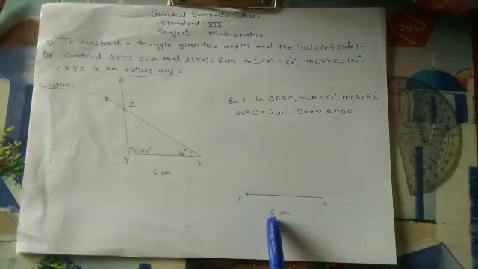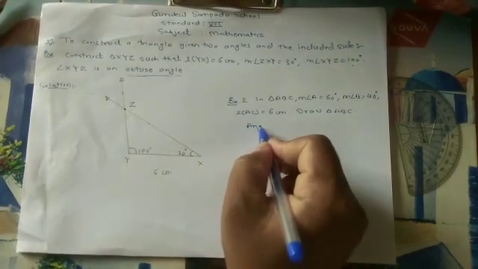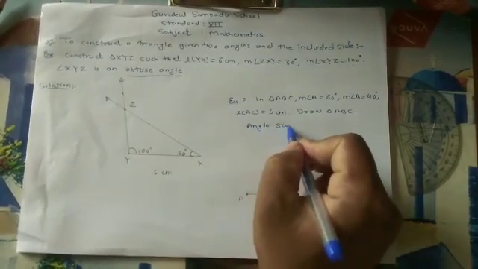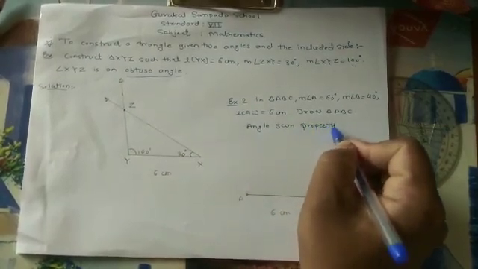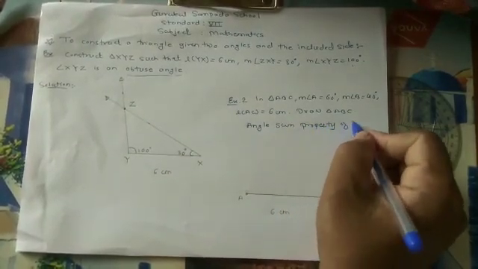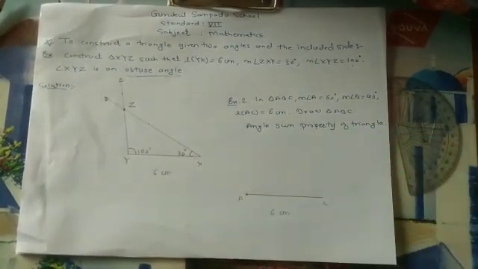Yes, so in this case, how to solve this problem? Here you have to use the angle sum property of triangle. That is, we know that sum of angles of a triangle is 180 degree.